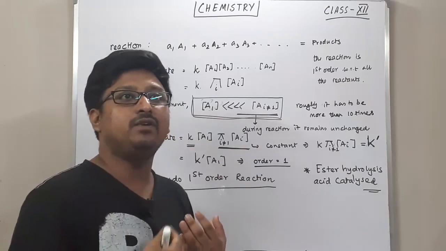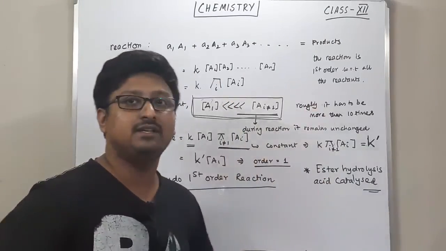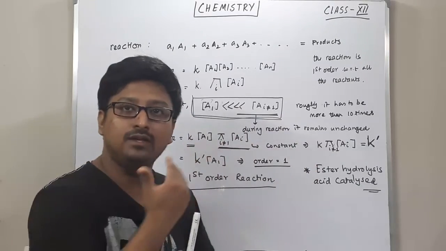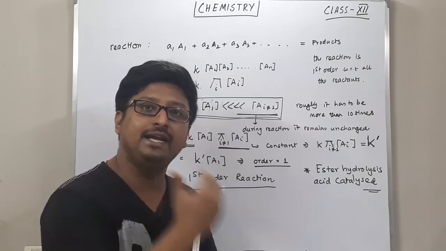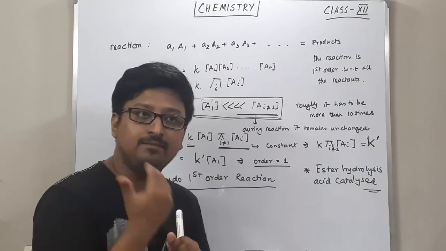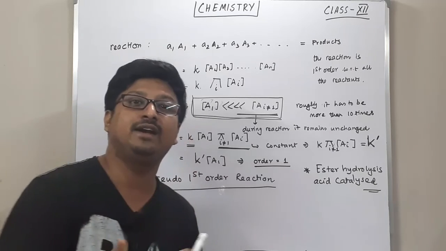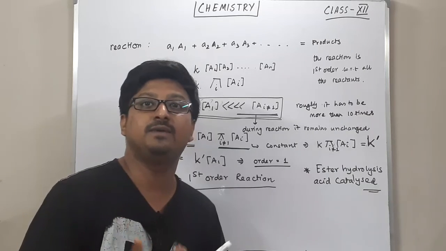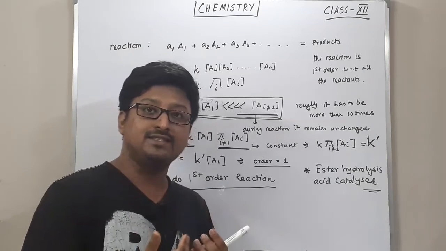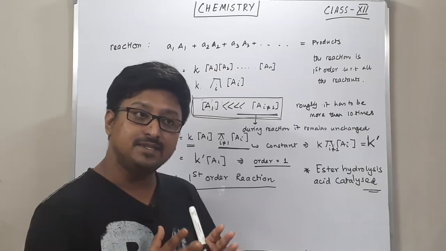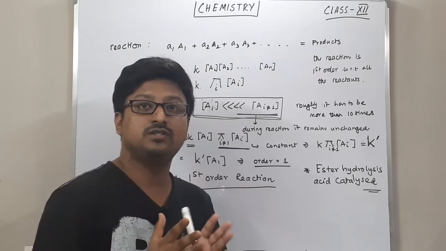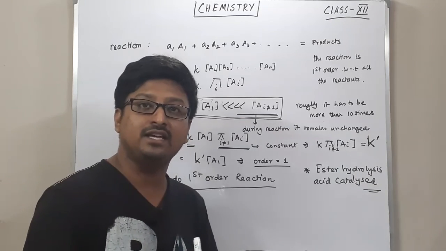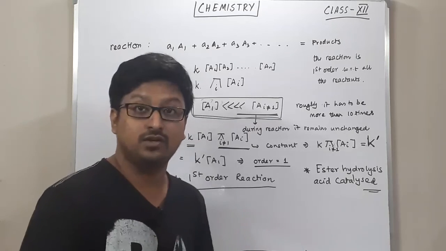If you have n components, let's say 3 components, A plus B plus C, then in the rate you will get rate constant times A into B into C. In this case, if B and C concentrations remain unchanged, or are present in high amounts so we can assume they remain unchanged during the time interval, then the rate of the reaction is basically the rate constant multiplied by the concentration of A. That means it was initially thought to be a third order reaction, but it is basically a first order reaction.